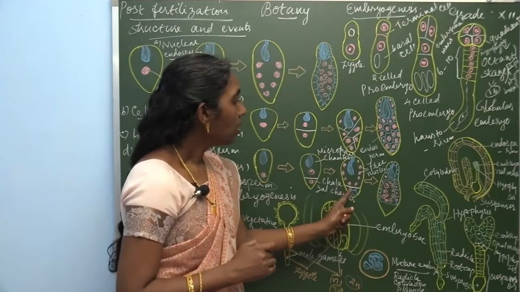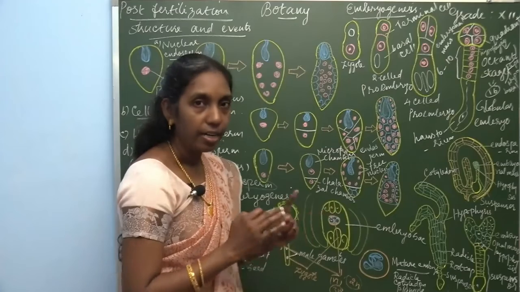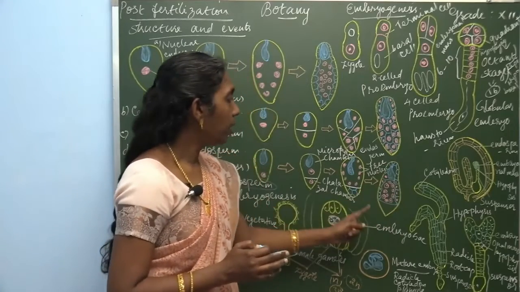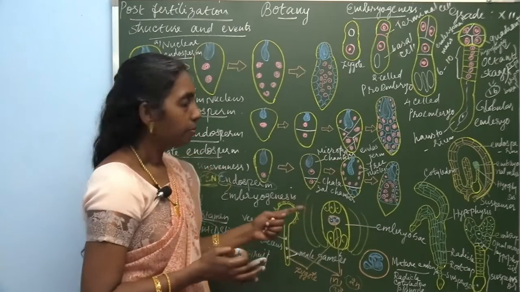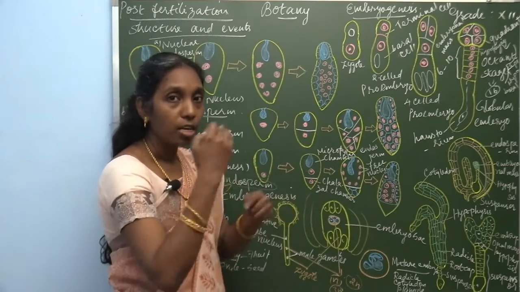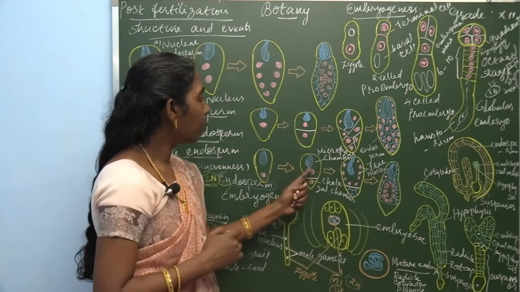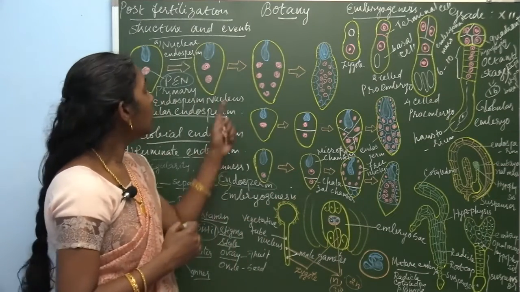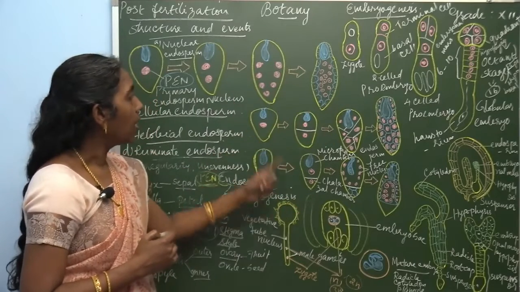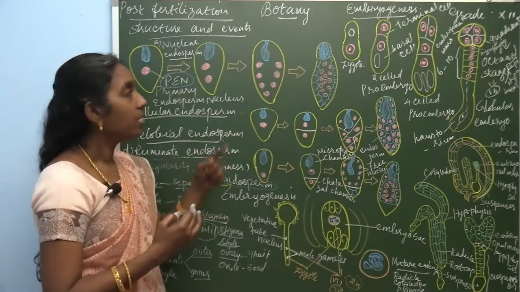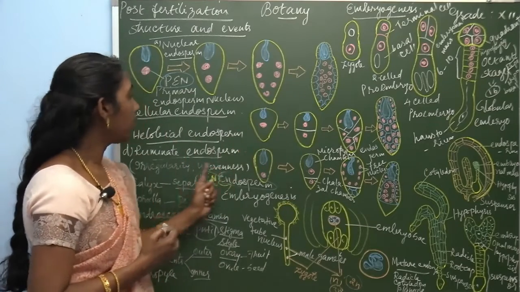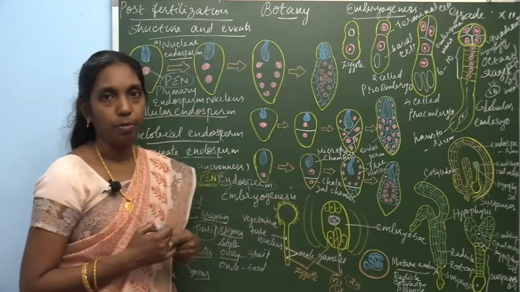This is the nature of the division, and it becomes the endosperm. So there are two different chambers, the micropylar chamber and the chalazal chamber. When they ask the question, you should differentiate these three: what is the difference among nuclear endosperm, cellular endosperm and helobial endosperm?